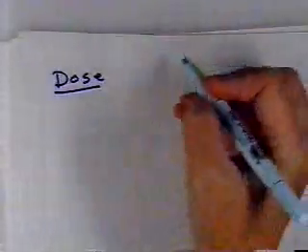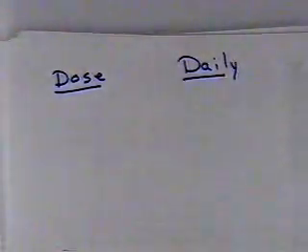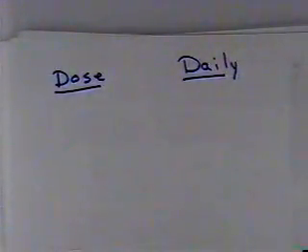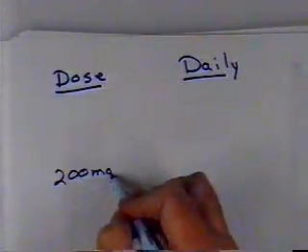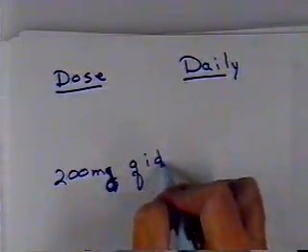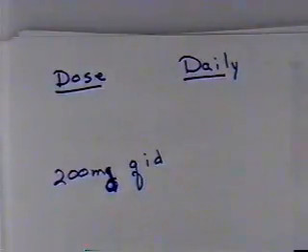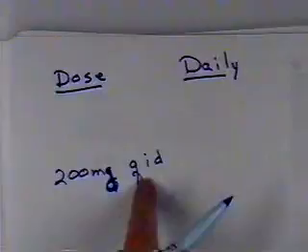The other thing is when we read a problem, we have to know whether they have given us the individual dose or whether they have given us the daily amount. If you read the problems, these tell you, but you have to read the problems very carefully. If they say to give 200 milligrams QID, they said to give this much 4 times a day.